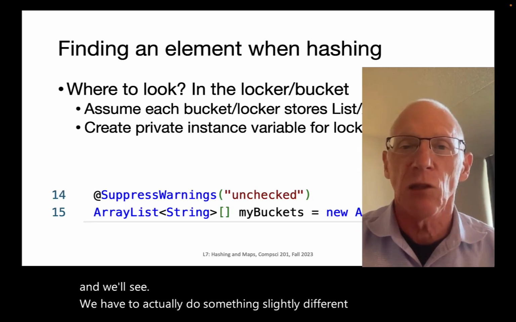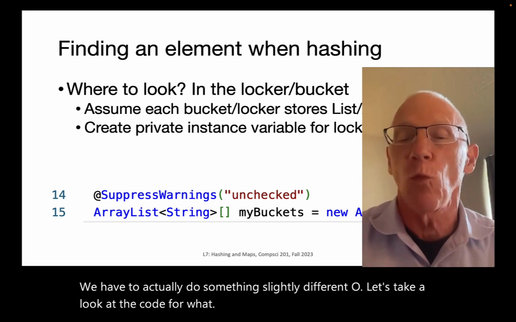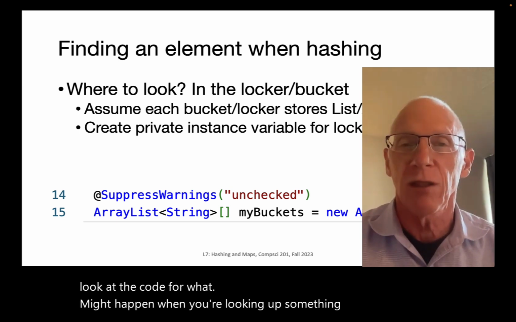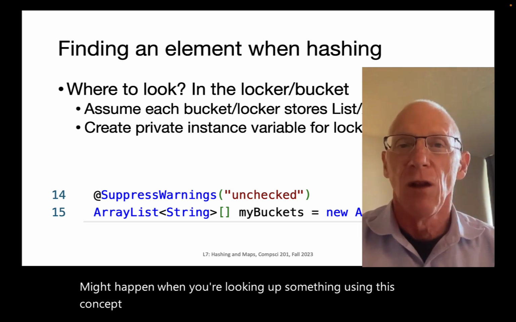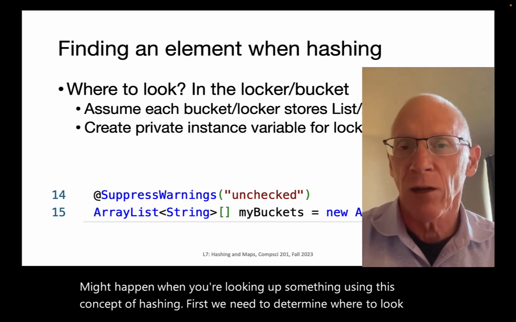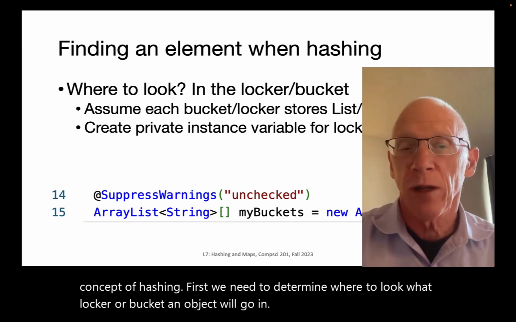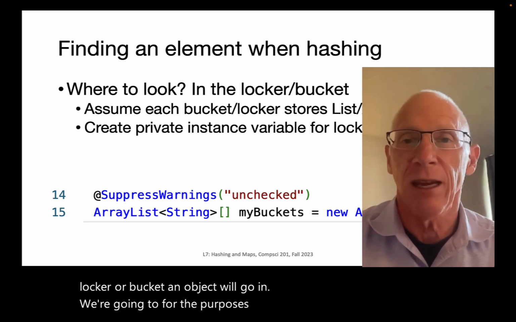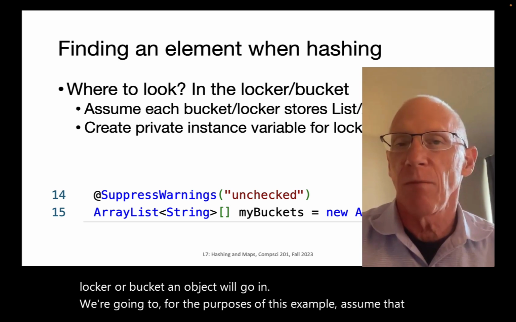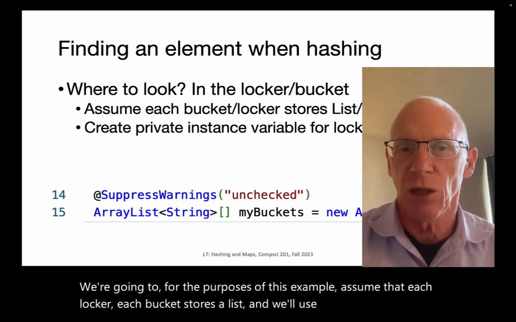So let's take a look at the code for what might happen when you're looking up something using this concept of hashing. First, we need to determine where to look, what locker or bucket an object will go in. For the purposes of this example, we're going to assume that each locker, each bucket, stores a list, and we'll use an ArrayList in the code.